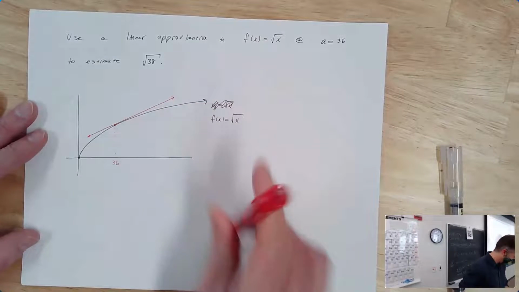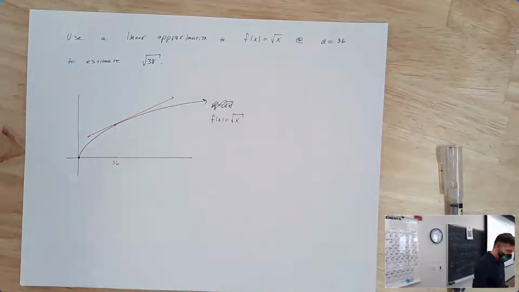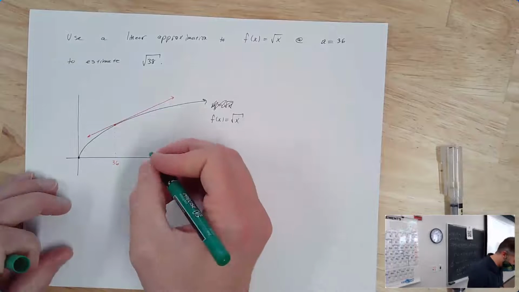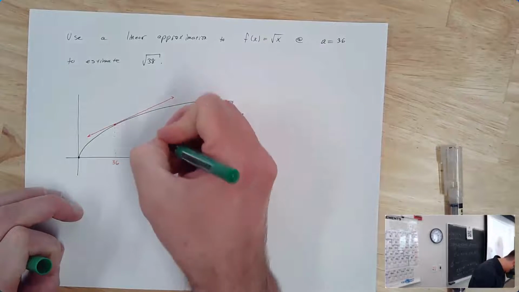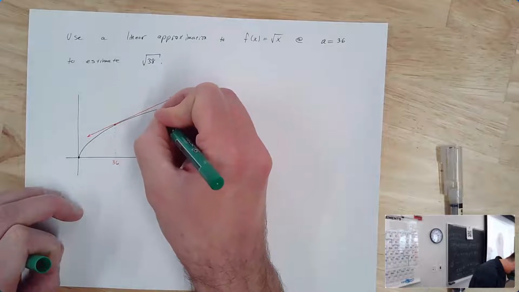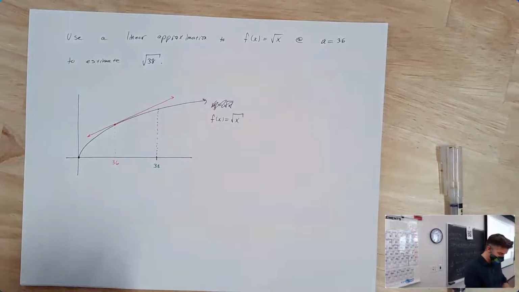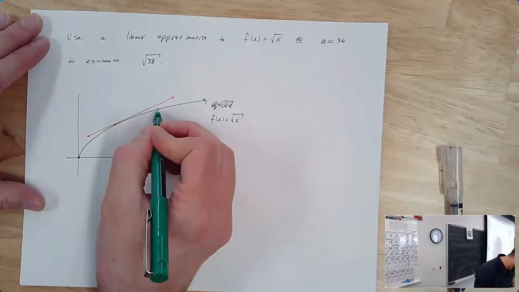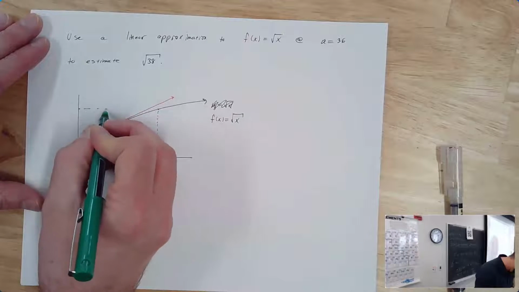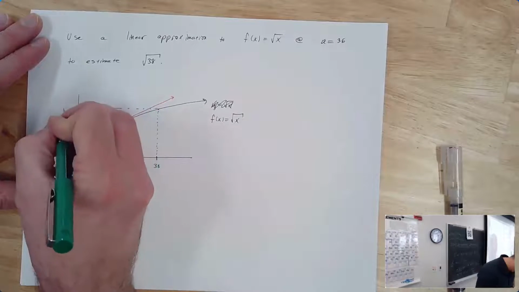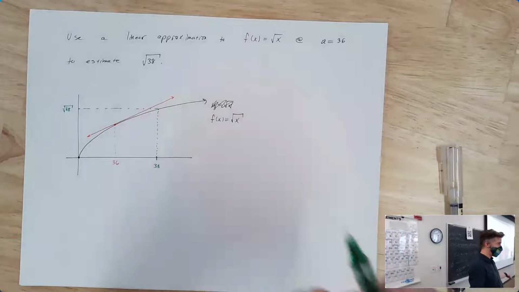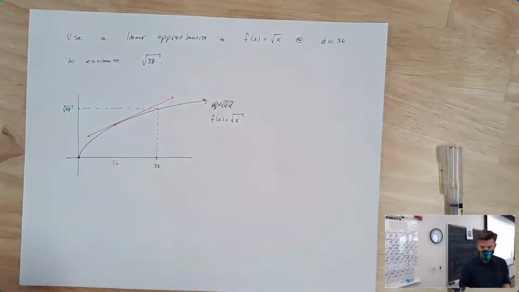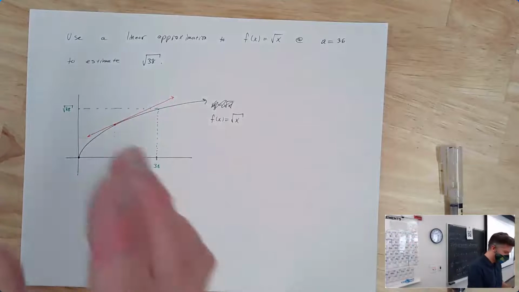And the idea is that when we plug in 38, which I'm going to move kind of far away just so you can see the difference here, there's two different things we can calculate. You can either calculate what you actually get when you plug in 38. So that would be the square root of 38. But that's not easy to do without a calculator. Obviously, calculators are pretty easy to get a hold of these days, but we're just pretending.